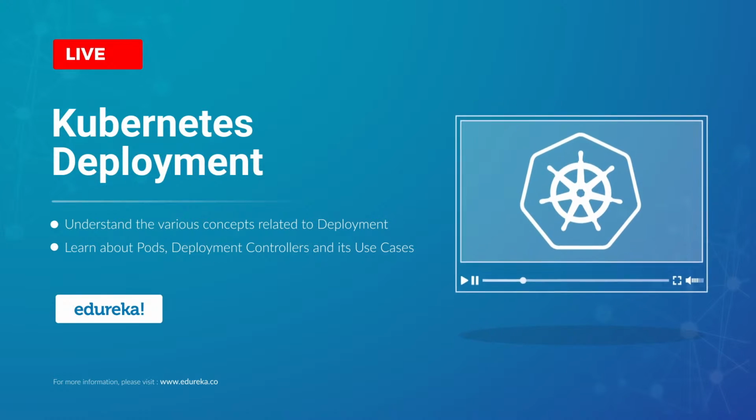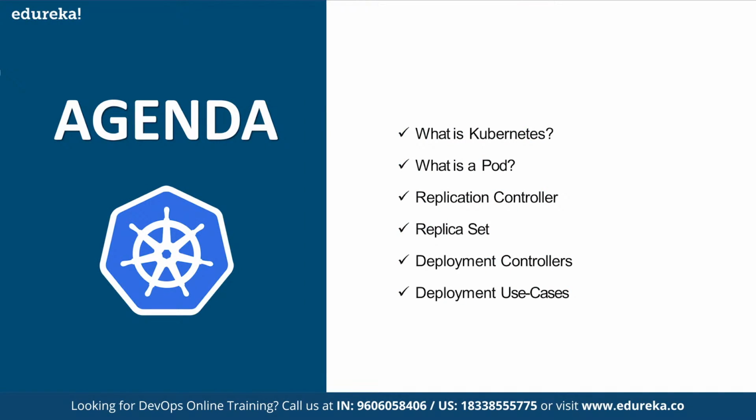Let us look at the agenda for today's session. The agenda is to understand the basics of Kubernetes first. What is Kubernetes? In Kubernetes, we have multiple high-level objects. The smallest object in a Kubernetes cluster that you can work on is a pod, friends. We will understand what a pod is and why a pod.